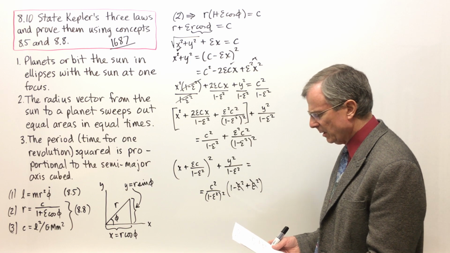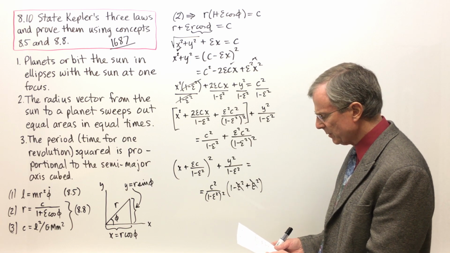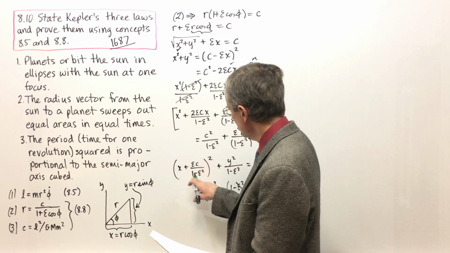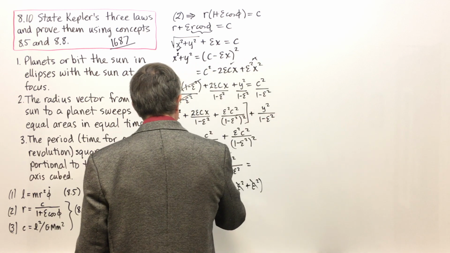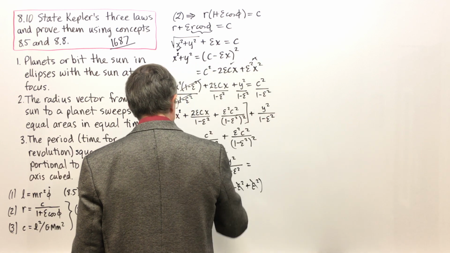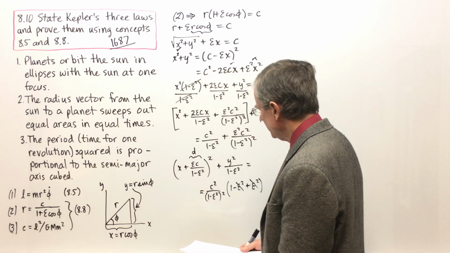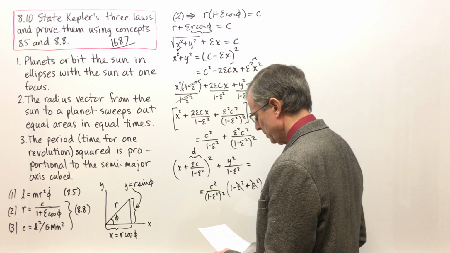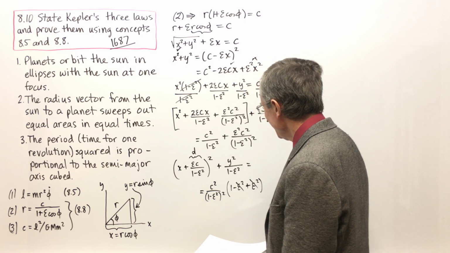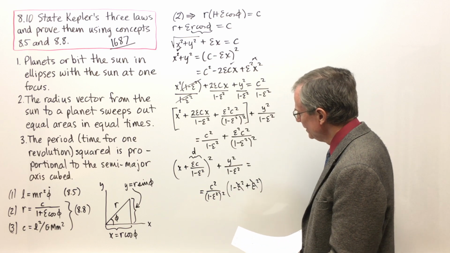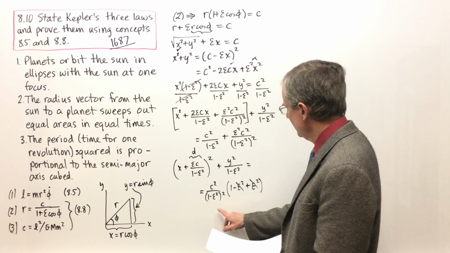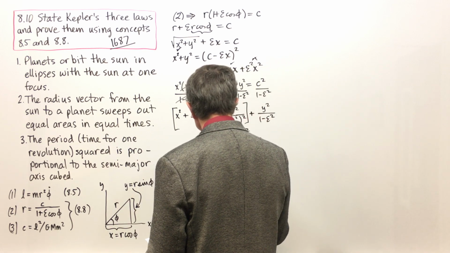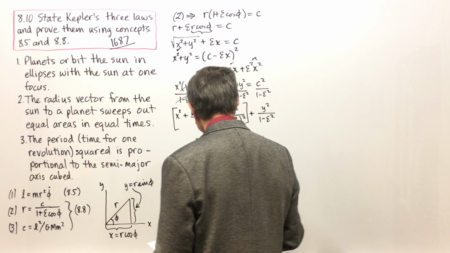So what I'm going to do now is define some constants. I'm going to define this constant here as d. I'm going to define this as a squared.